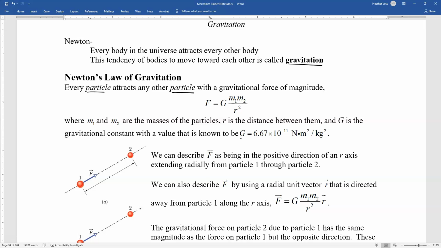G is the universal gravitational constant, that's 6.67 times 10 to the negative 11th newton meter squared per kilogram squared. r is the straight line distance between the two masses, and mass 1 and mass 2 are the masses of those particles.